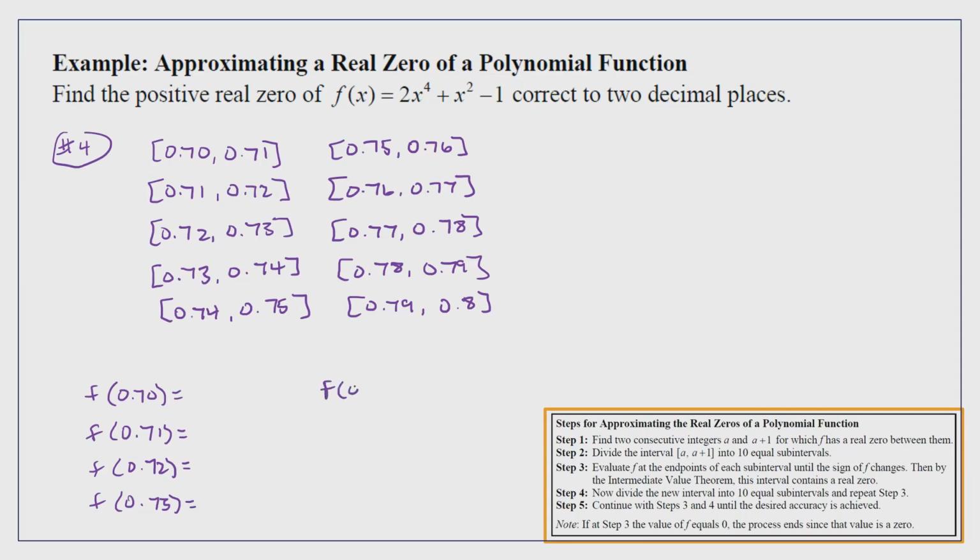All right, I'm just going to do the first 5 so that I can then utilize my calculator to determine exactly where the change is occurring. Okay, so let's pull up the calculator.